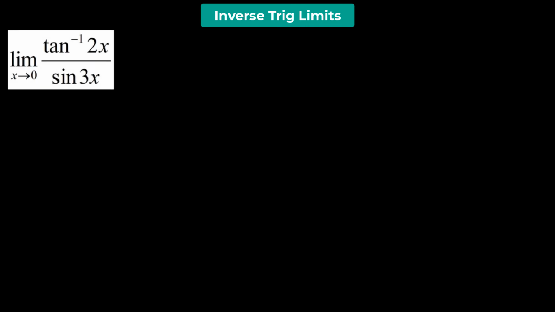So here we have the function tangent inverse of 2x divided by sine of 3x. So let us begin by dividing the numerator, which is tangent inverse of 2x, by 2x. Now 2x is an extra term, so we need to multiply by twice x.